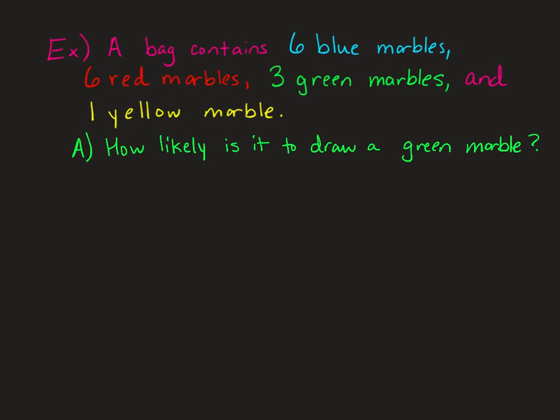And so, I might even note there are 16 marbles. That would be our total. So how likely is it to draw a green marble? If there's only 3 out of 16, it could happen, but it is unlikely.